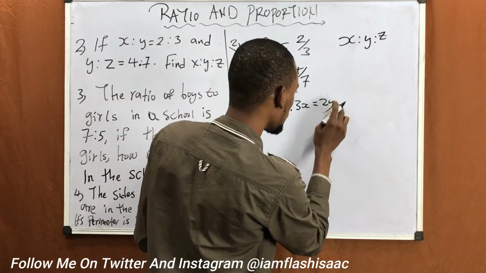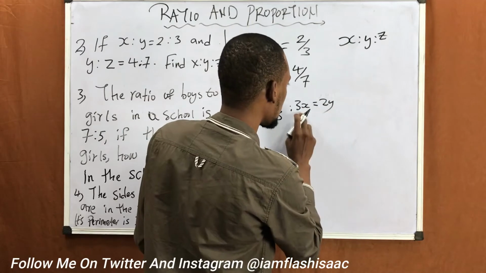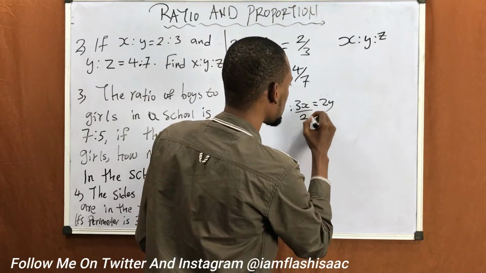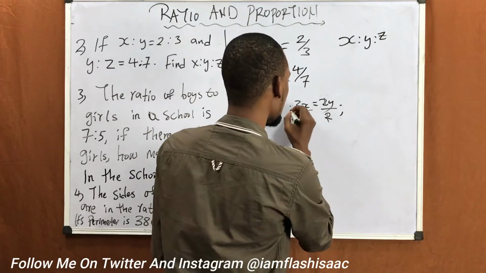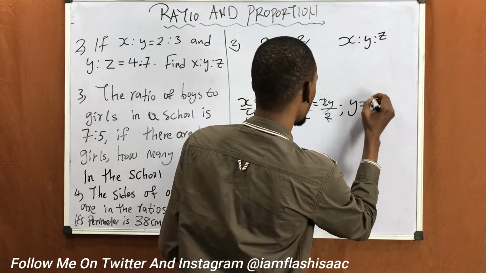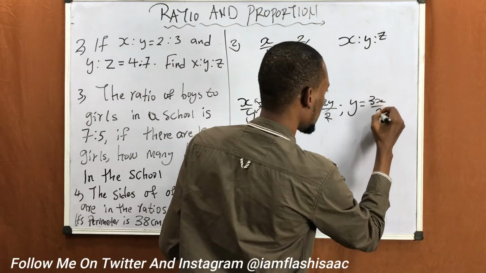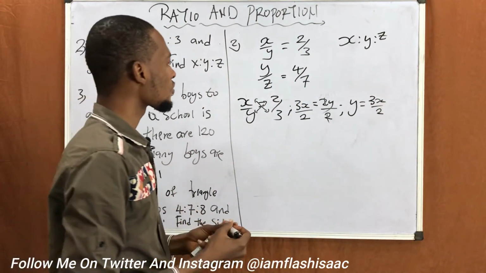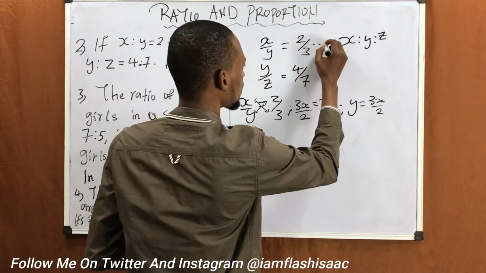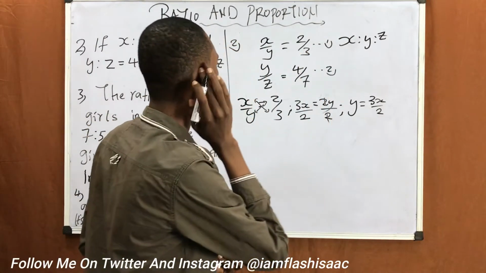So making Y the subject of the formula, dividing both sides by 2, the 2 cancels the 2. This implies that Y equals 3S/2. Does it make sense to you? Good. Now let's call this equation 1.